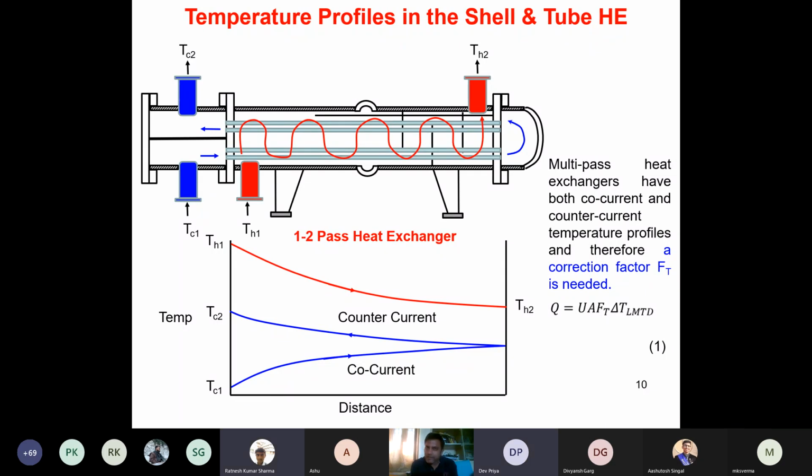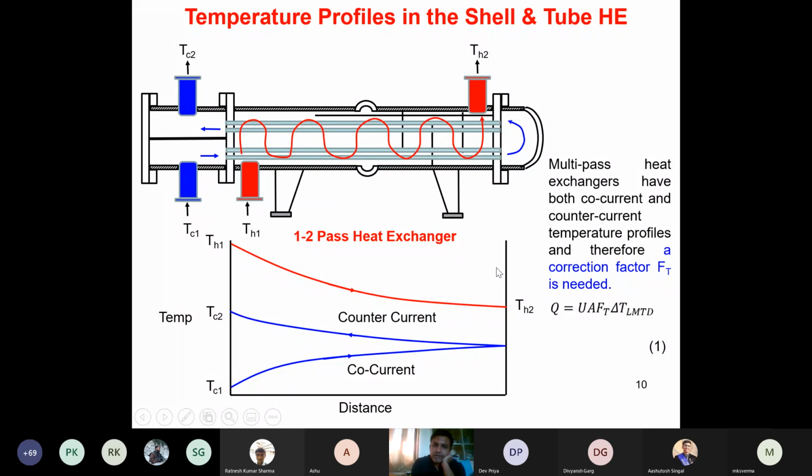Yes, sir. So that is what is written in your lab manual also. Correct. So in the LMTD method, what you do is you first find out the inlet temperature of both the streams, and also the outlet temperature of both the streams. Correct. Based on these temperatures, then you calculate the two factors, isn't it?